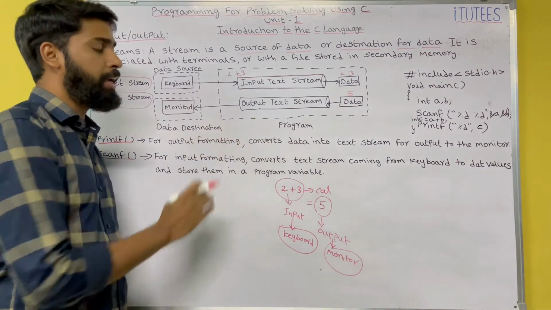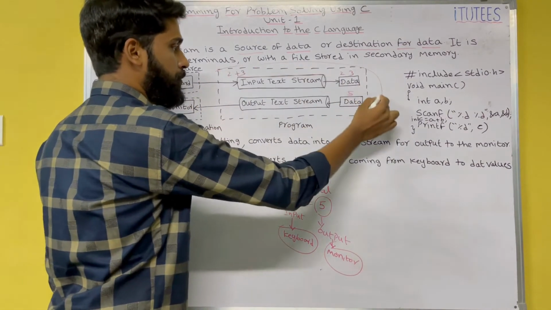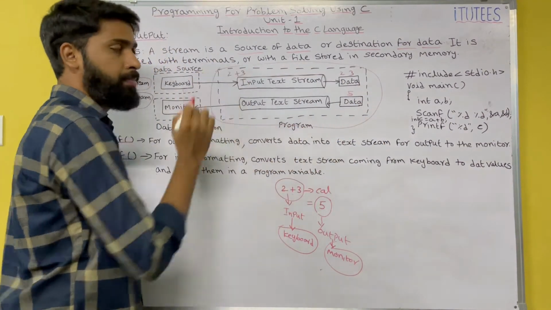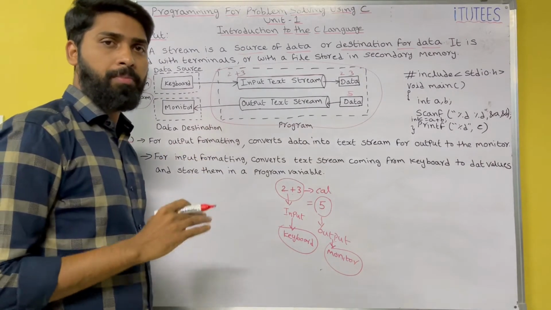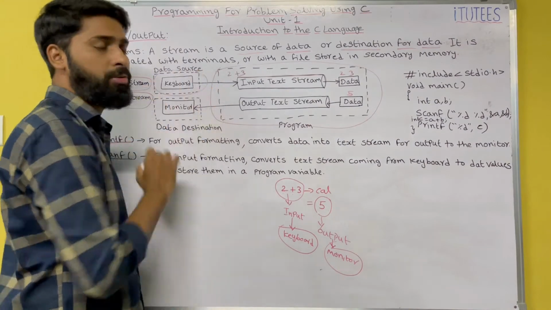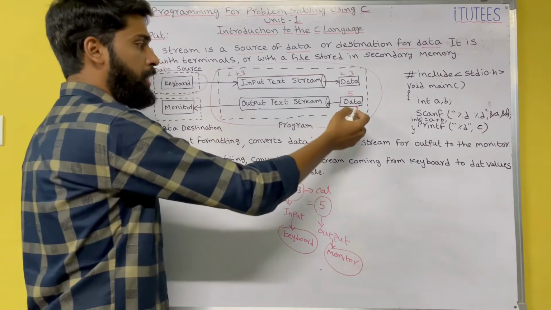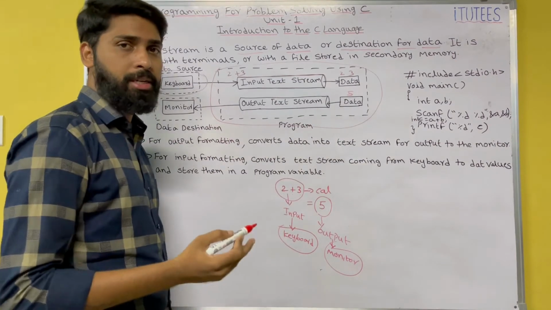By seeing this diagram, what we understand is that you are going to write a C program. In this C program, you read the values from the keyboard, that is the data source, and you perform some operations and get some data as a result.